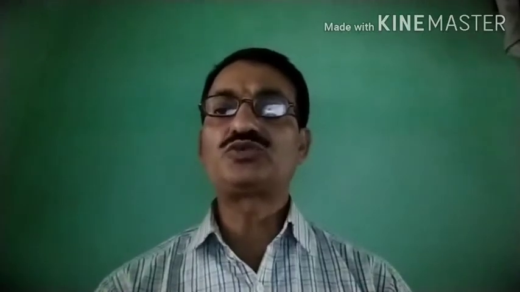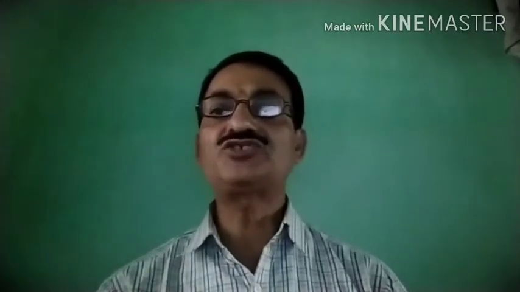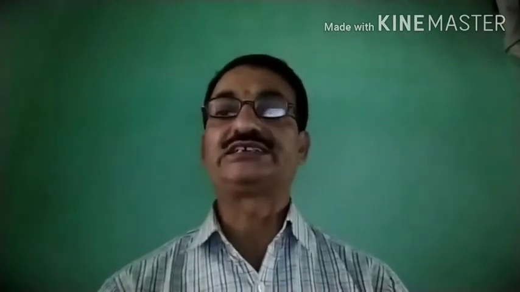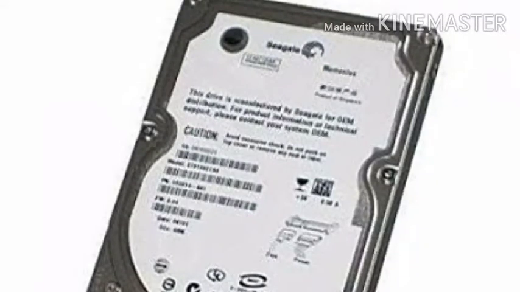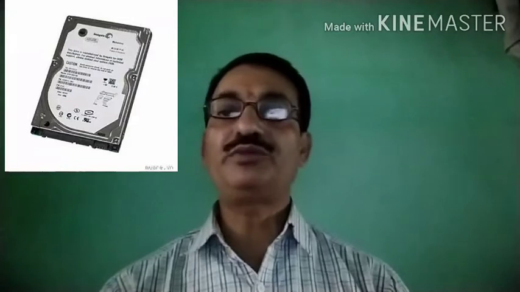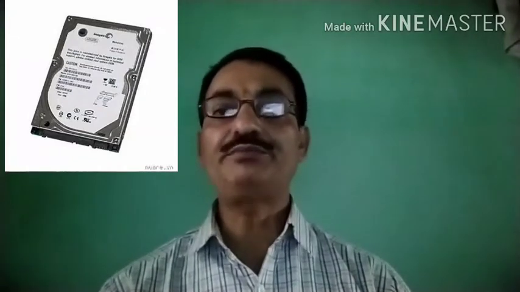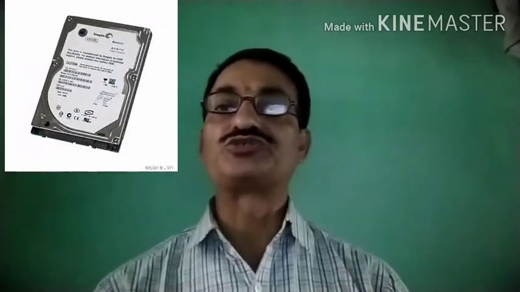Students, as we have learned the internal storage and which example is a hard disk. So hard disk as an internal storage is fixed inside the system unit box and stores the data permanently for future use.